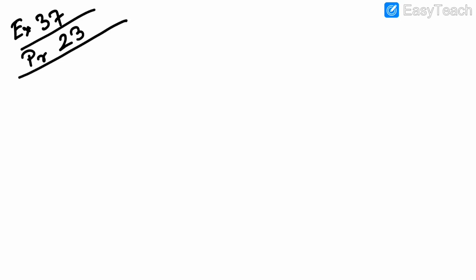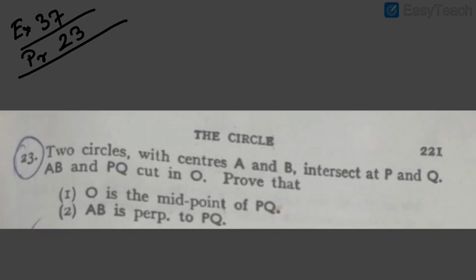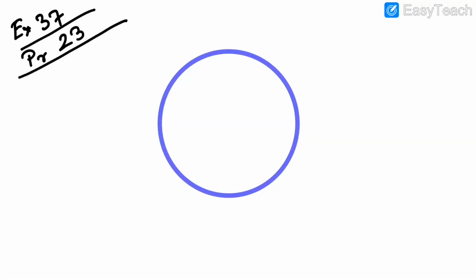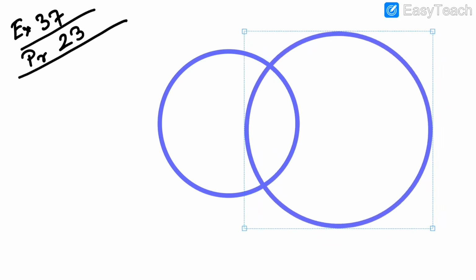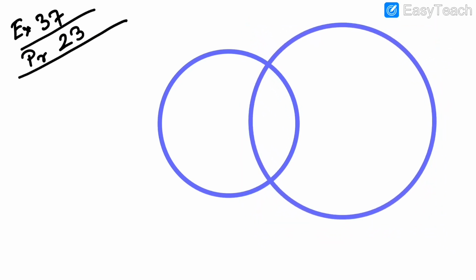Okay, so let's start. It's exercise 37, problem number 23. It says that two circles with centers A and B intersect at P and Q. Move it so it has intersected very nicely.